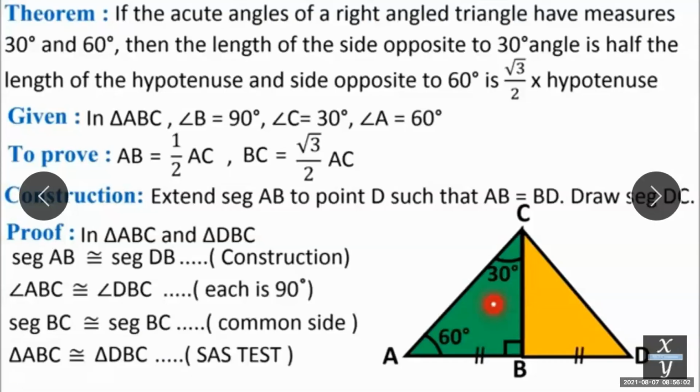So one segment we got here. Now here angle B, as it is a linear angle, will also be 90, because linear angles are supplementary. So this will also be 90, and segment BC is common in both the triangles.